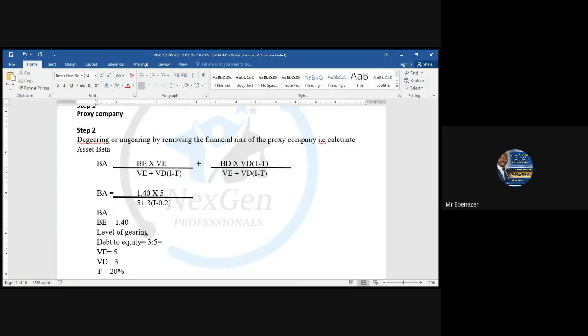Beta A. 0.95. Is it beta A? Okay, 0.95. So what is the next step?